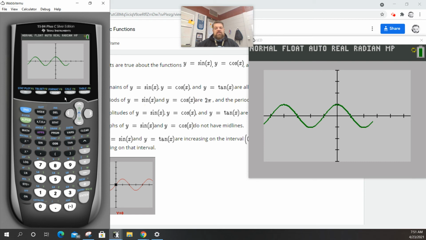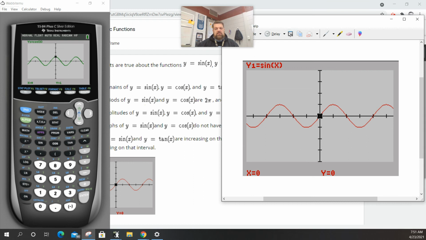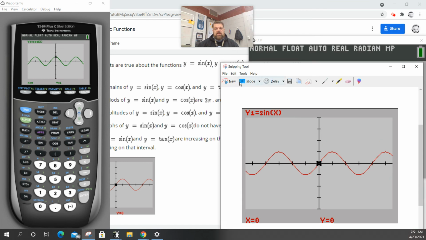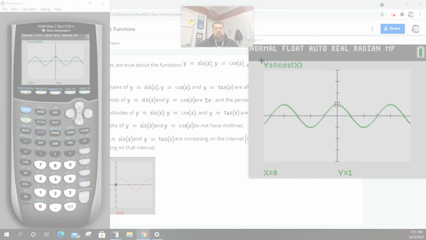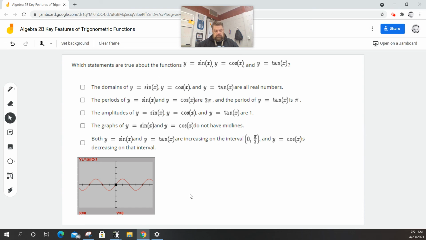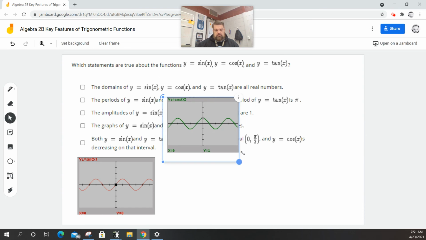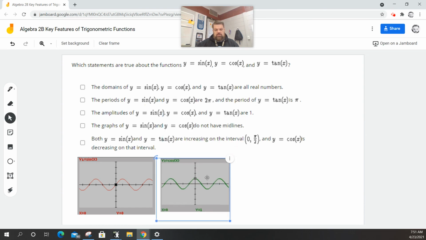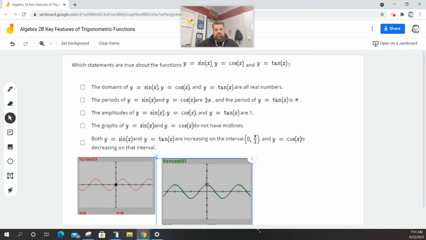And cosine looks very similar to sine. That's because they're cofunctions, but we'll talk about that later. Let me take a screenshot of this bad boy, and we'll put that one right down here somewhere.